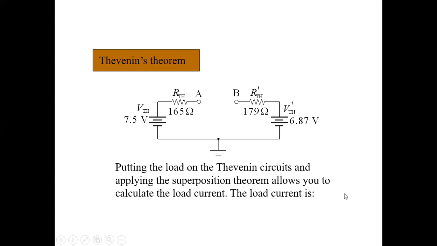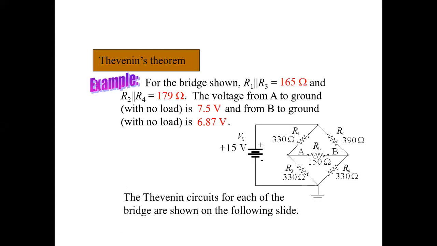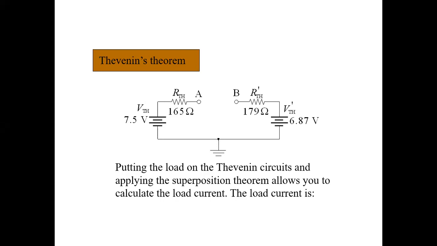Putting the load on the Thevenin circuit and applying the superposition theorem, we calculate the load current. Here we are putting that 150 ohm resistor into the middle part, and the load current is 1.27 milliampere.